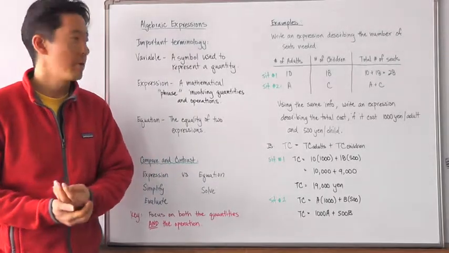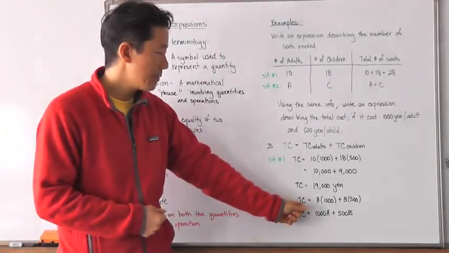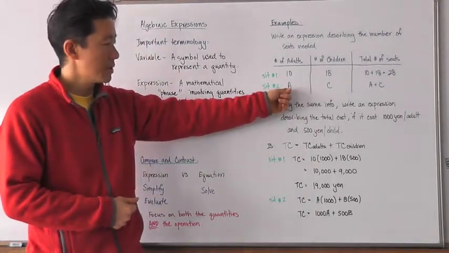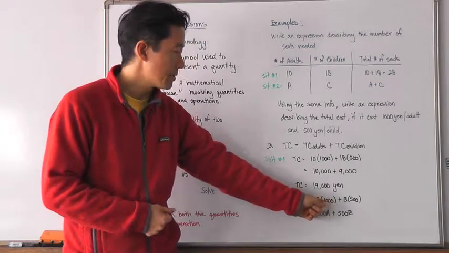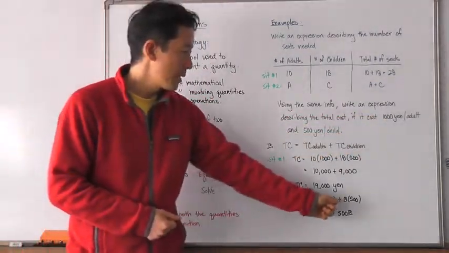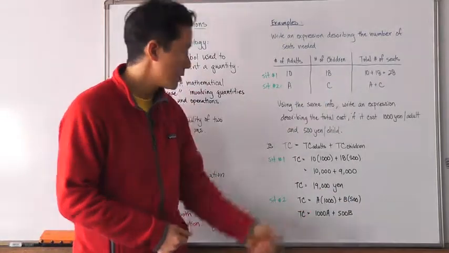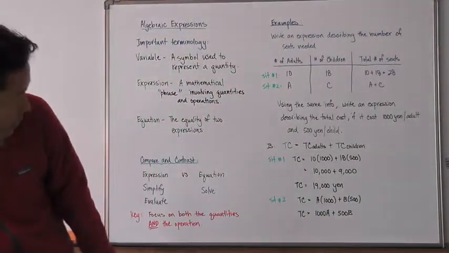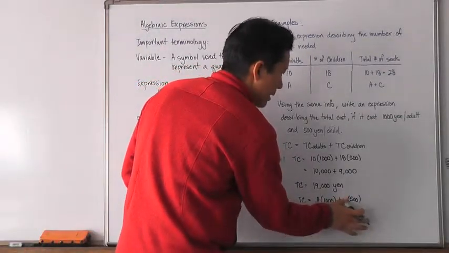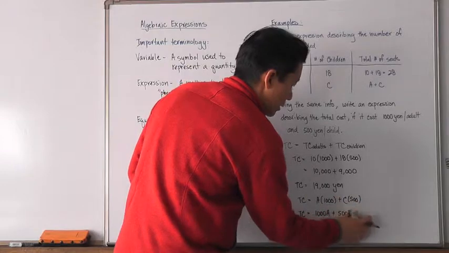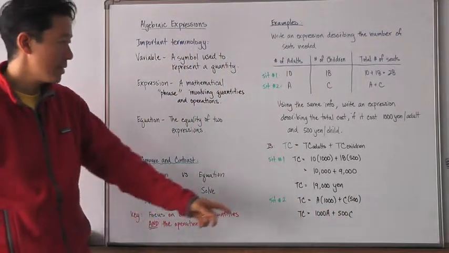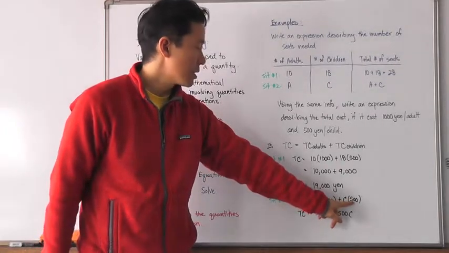So I can say that the total cost is going to be A, which is the total number of adults, times 1,000, because it's going to cost 1,000 yen per adult, plus C times 500, because that of course is the cost per child.